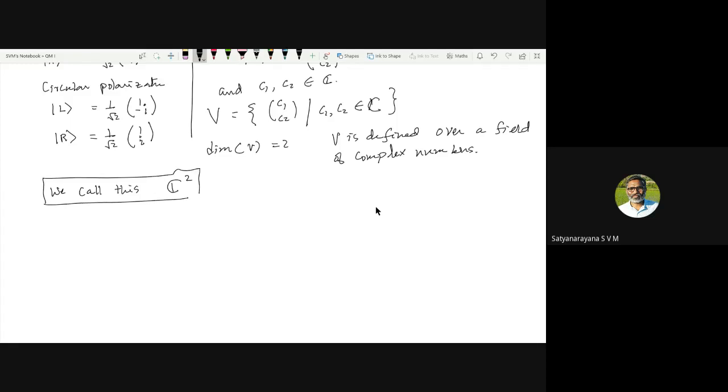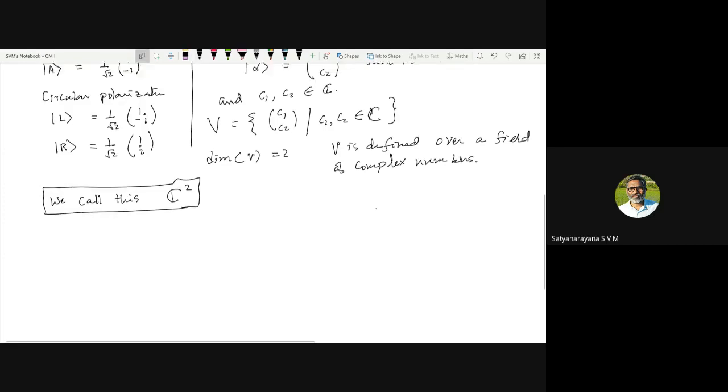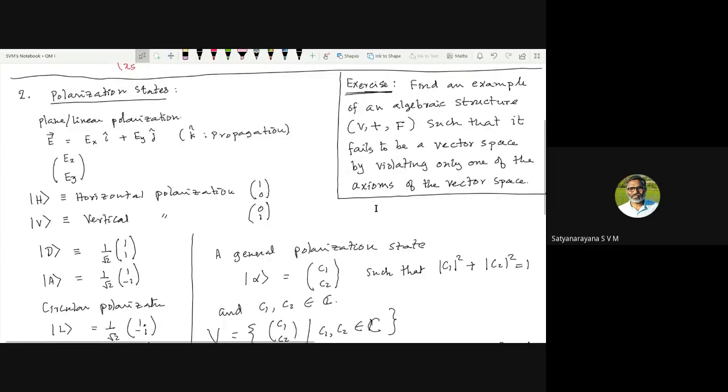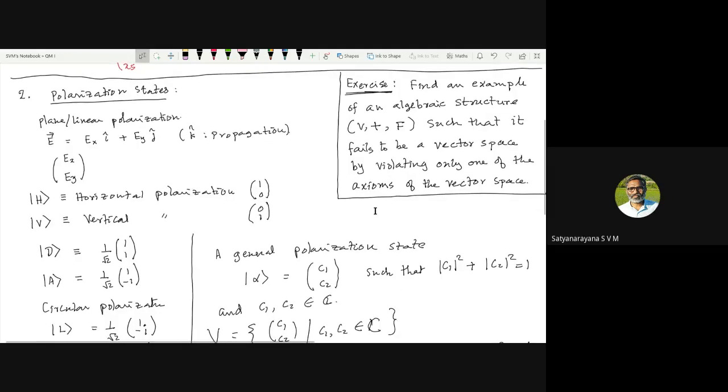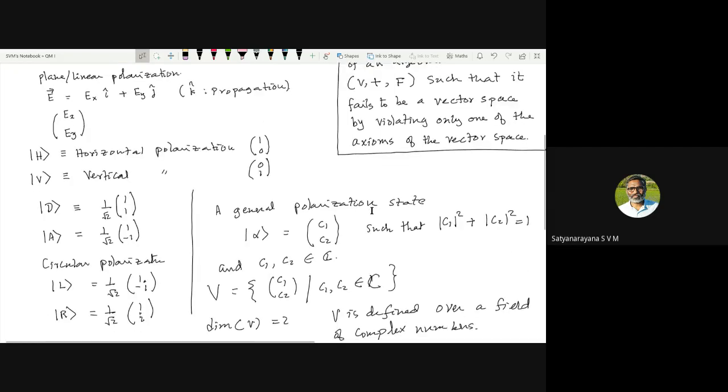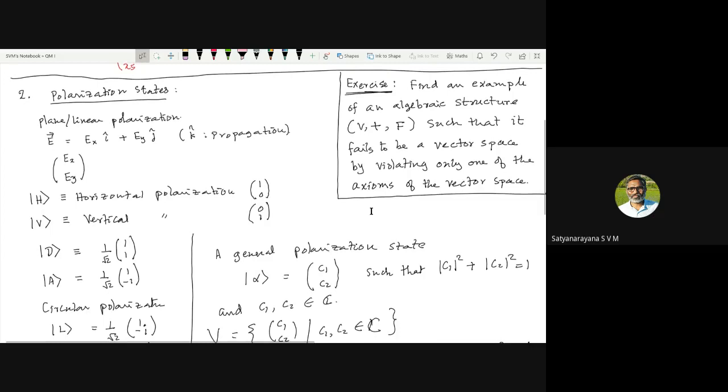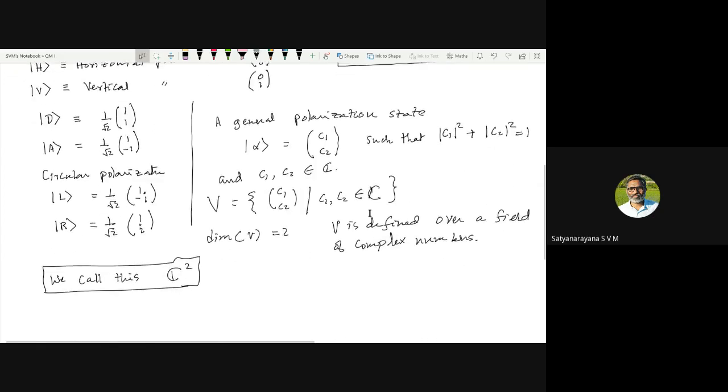So C2 is the vector space of the states of polarization. A general polarization state, which are generally called elliptical polarizations, is simply a vector of two complex numbers normalized to 1. So that is the state with respect to polarization.